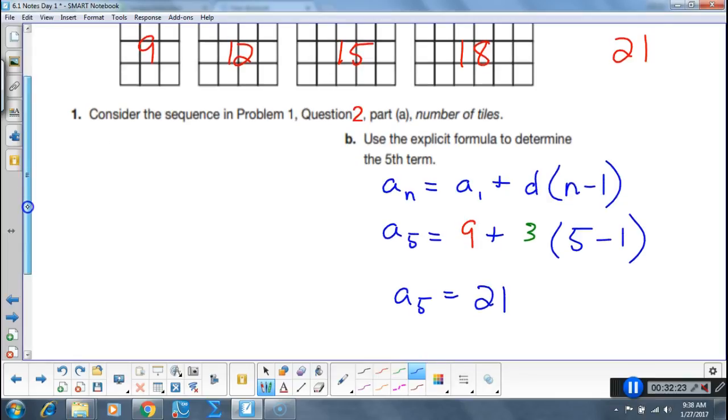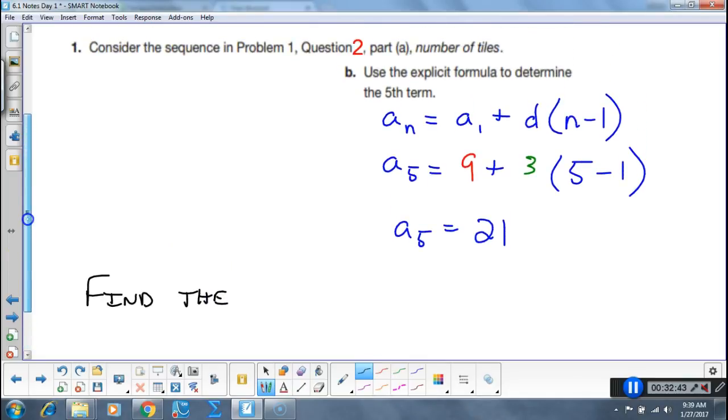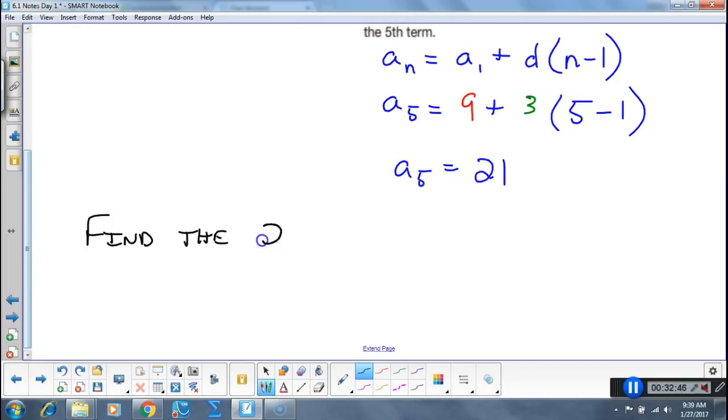Okay, so let's get a little farther now. I want you to use the explicit formula, and I want you to find me the 25th term.